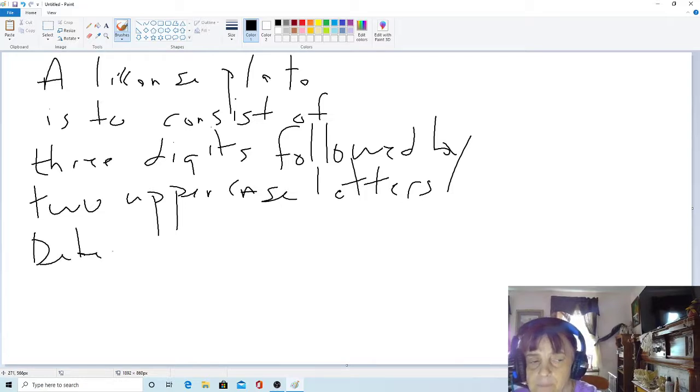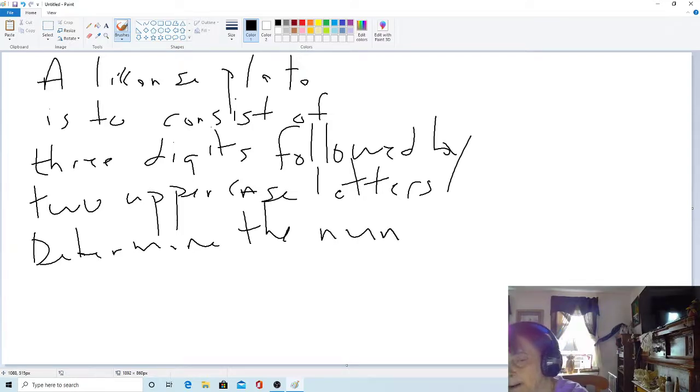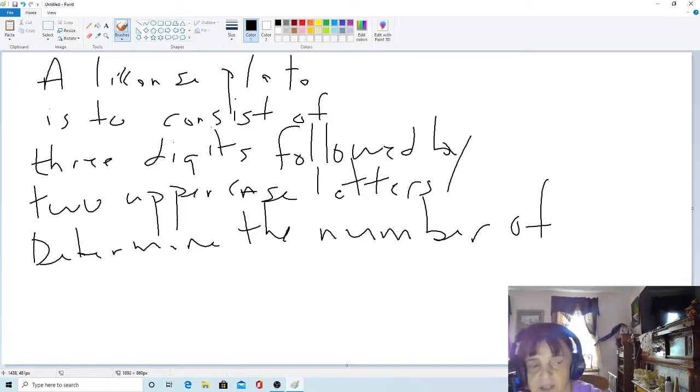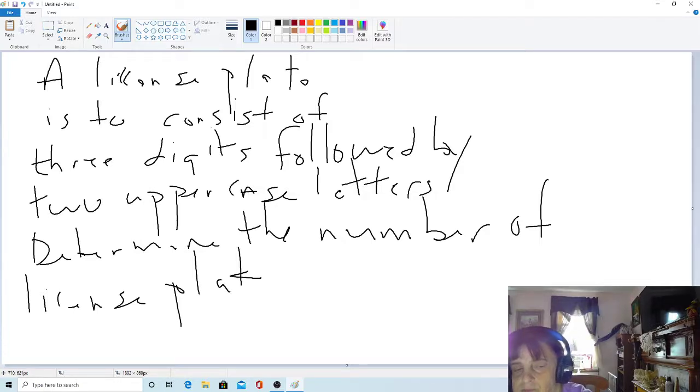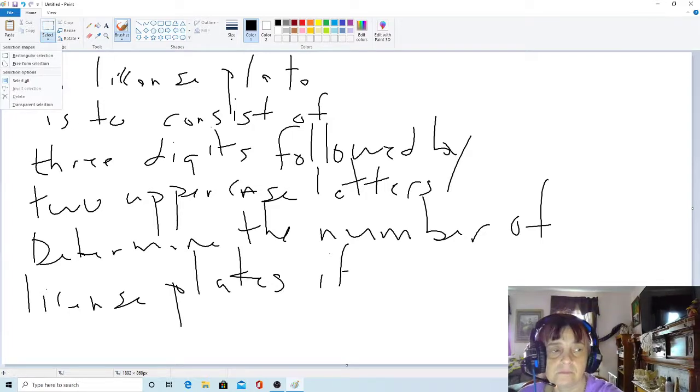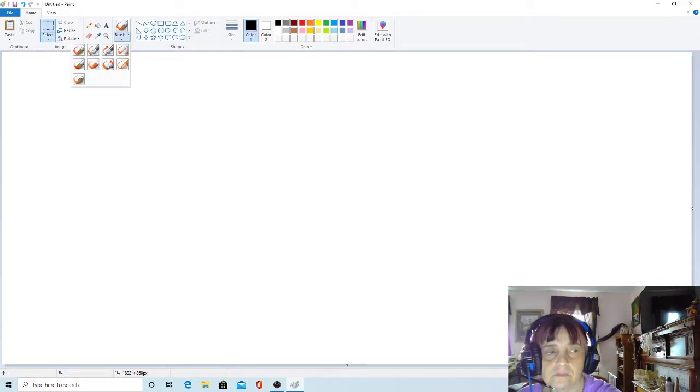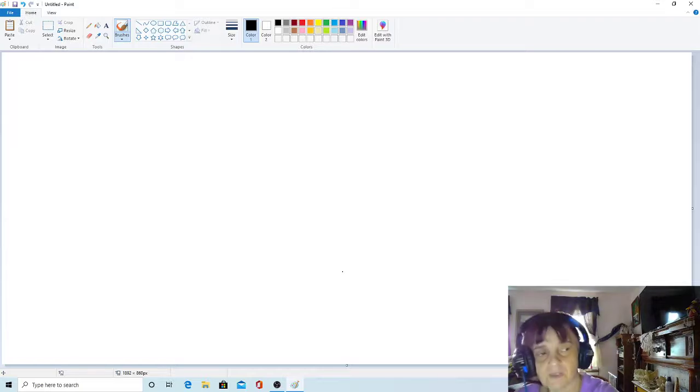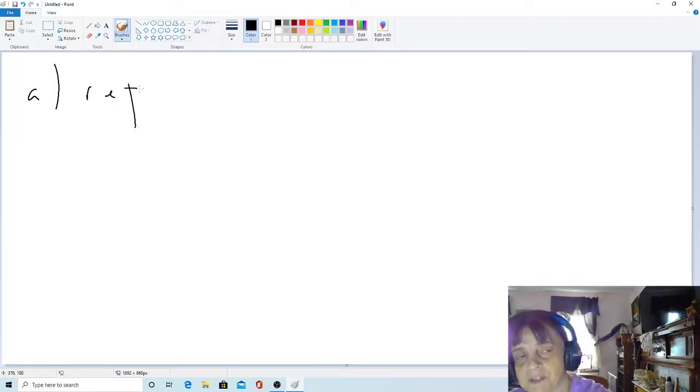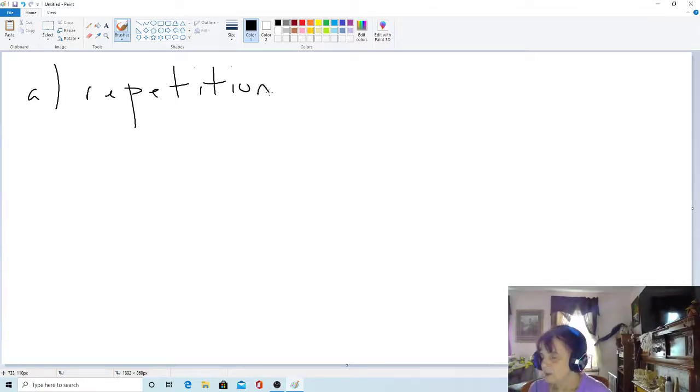Determine the number of license plates if A, repetition of numbers and letters is permitted.